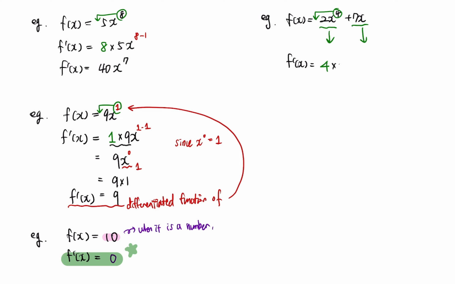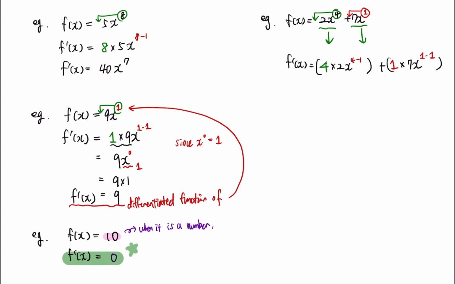4 times by 2x to the power of 4 minus 1 plus 1 times by 7x to the power of 1 minus 1.